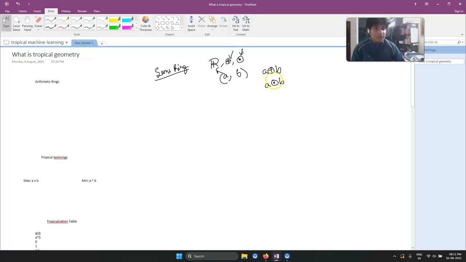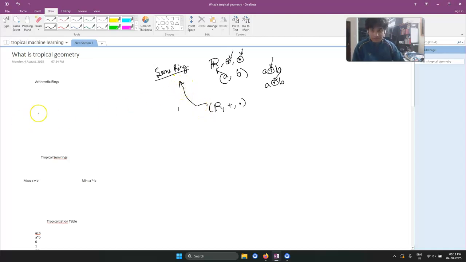Over here I've given them as ring addition and ring multiplication, which is a more general explanation. In typical cases, or for our normal case, we would take the real numbers with normal addition and normal multiplication. This is an algebraic structure called a semi-ring.